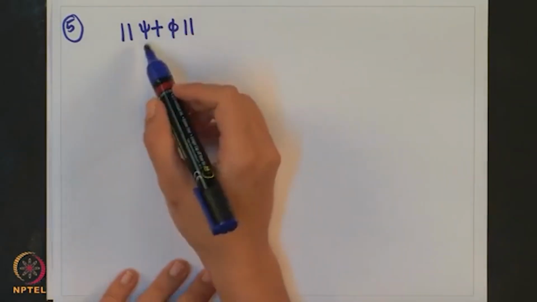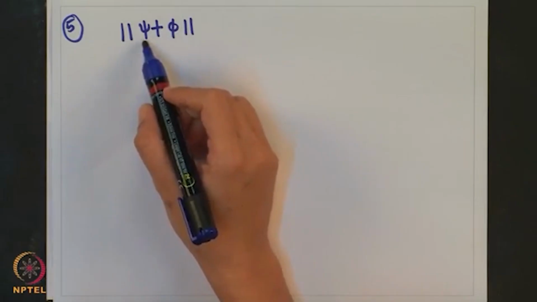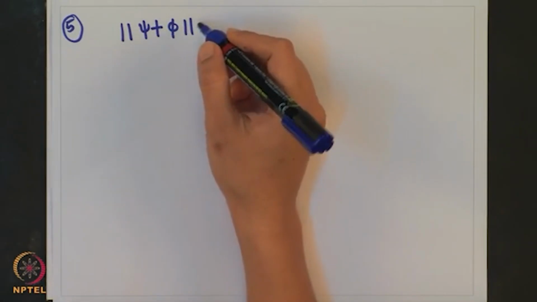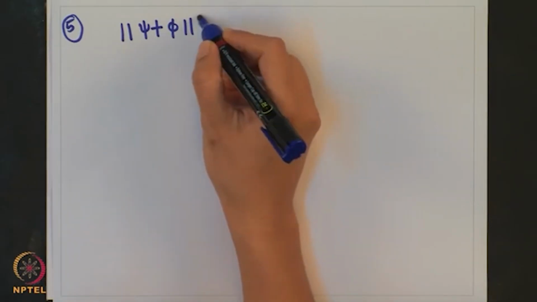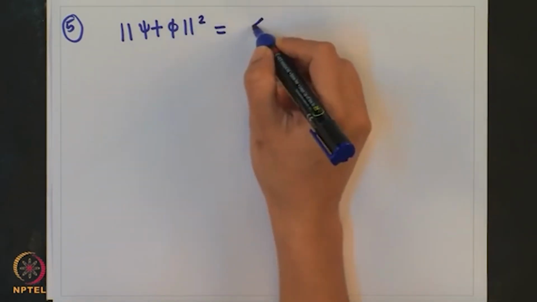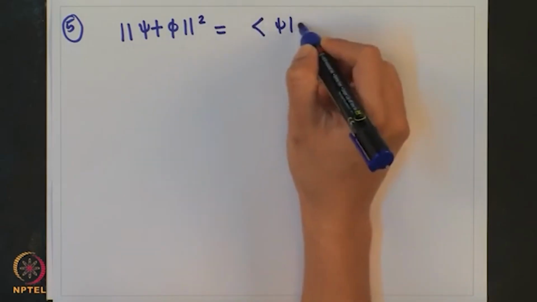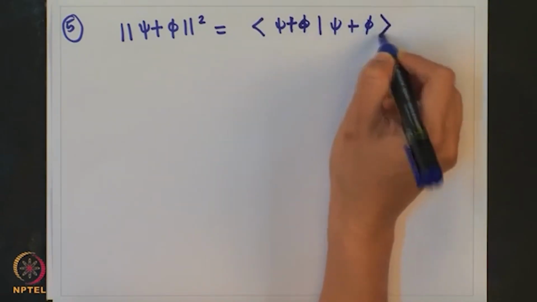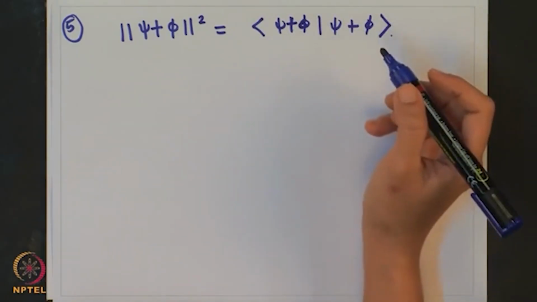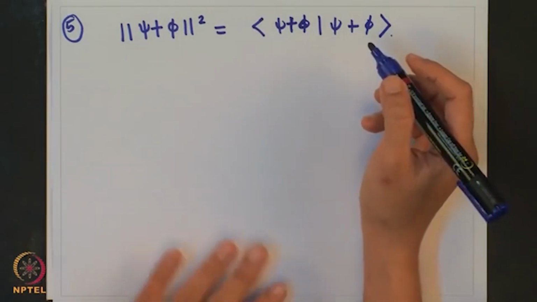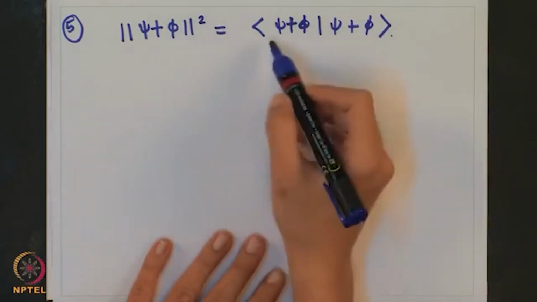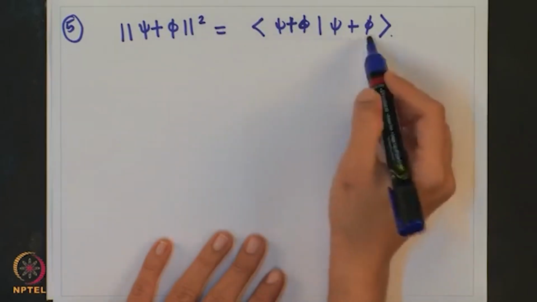So, what will be the norm of psi plus phi the whole square? How will I write this? I can write this as psi plus phi, psi plus phi. I am writing the norm square of psi plus phi as this.